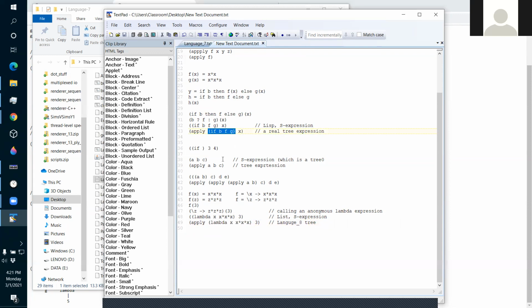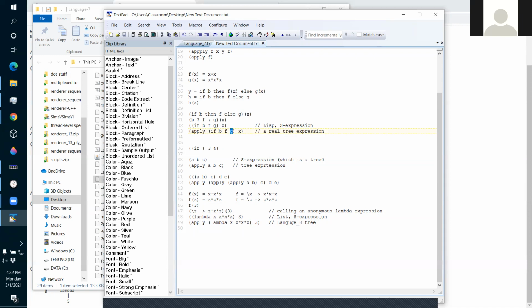And it turns out this and this are just versions of each other. This is just saying apply the value of this expression to that input. The value of this expression is a function. Well, you have to compute it. It's an if expression, so you compute the if expression, and then it returns either an F or a G, and it better be the case that F is a function and G is a function, like they are here.